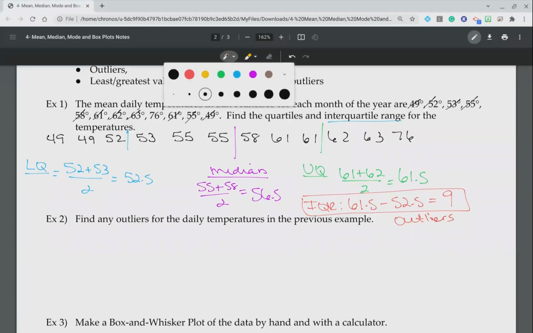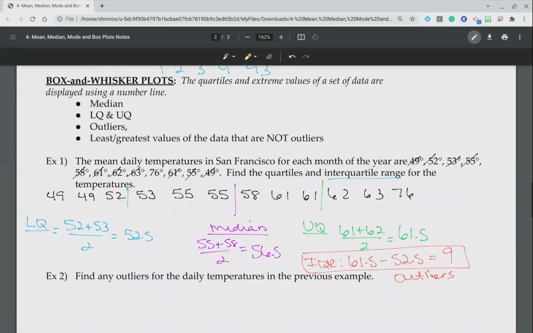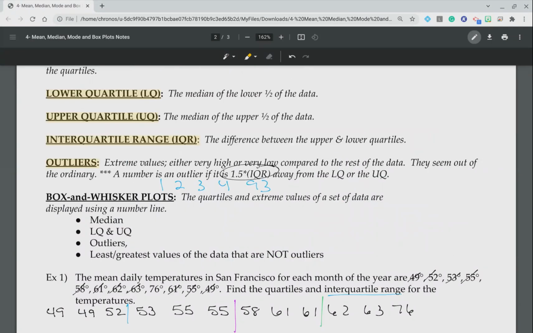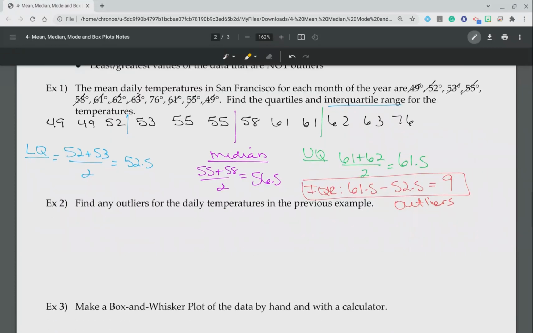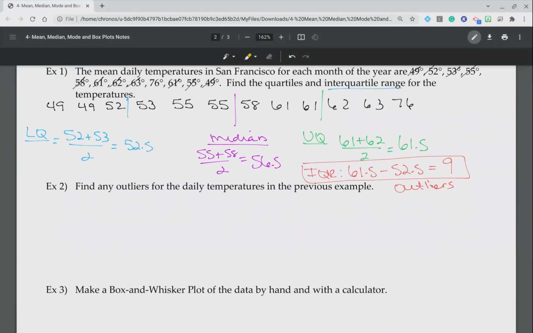Okay, so we said that an outlier is 1.5 times the IQR away from the LQ or UQ. Okay, so that would be considered the boundaries. These are going to be our fences here. So I'm going to take 1.5 times 9, because that was our IQR, which is going to be 13.5.